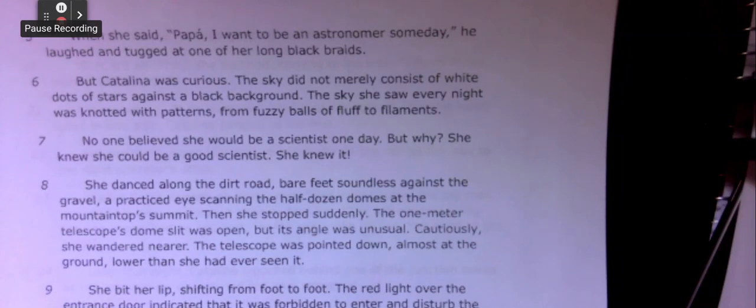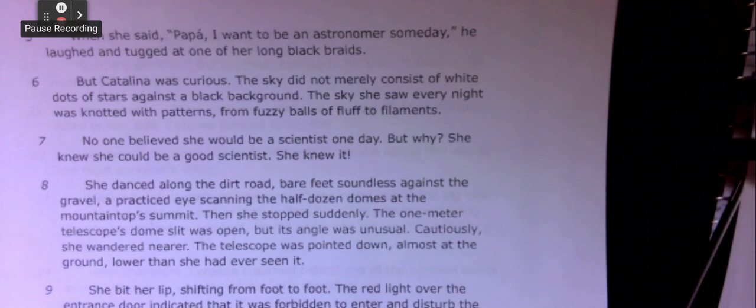But Catalina was curious. The sky did not merely consist of white dots of stars against a black background. The sky she saw every night was knotted with patterns from fuzzy balls of fluff to filaments. No one would believe she would be a scientist one day. But why? She knew she could be a good scientist.